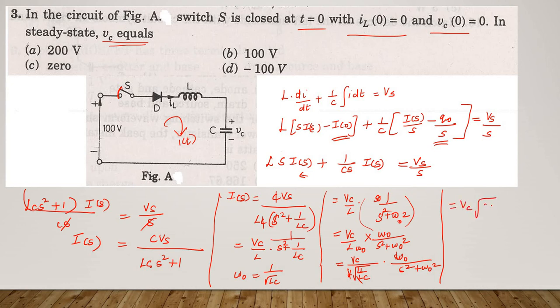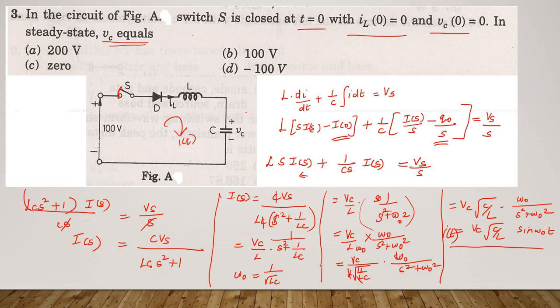So VC into square root of C by L into omega naught divided by S square plus omega naught square. Take the inverse Laplace transformation. So VC square root of C by L sin omega naught t. So this is I of t.